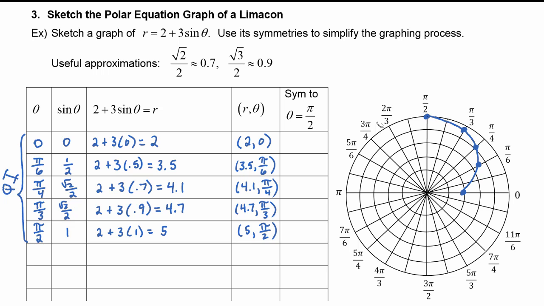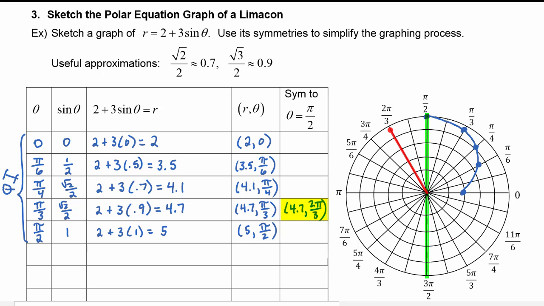Now, using this symmetry, remember this is going to fold over the vertical axis, the theta equals pi over 2 axis. So we know that the point (4.7, pi over 3), this one, is going to fold over and become the point (4.7, 2 pi over 3).